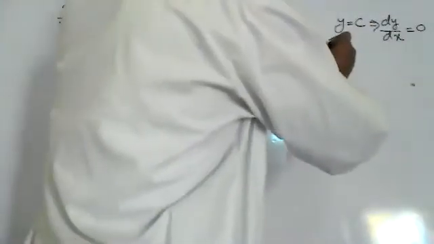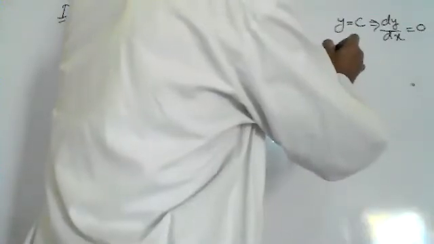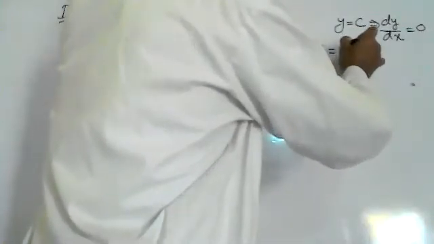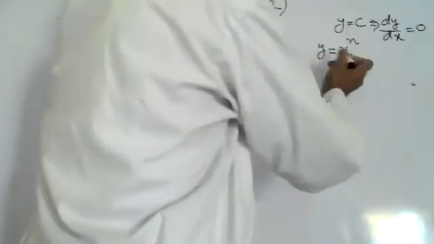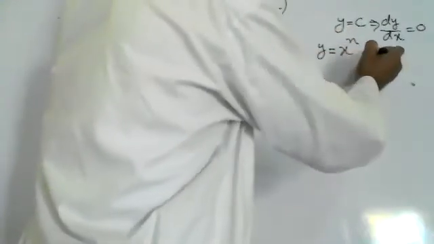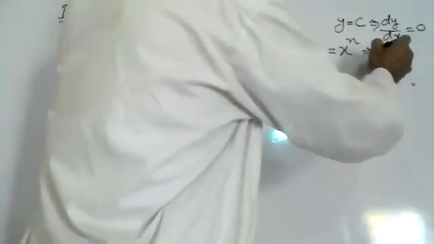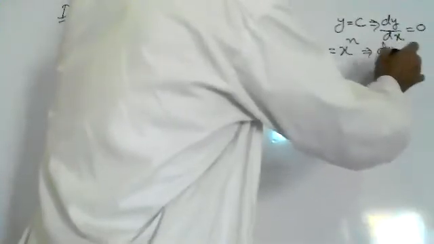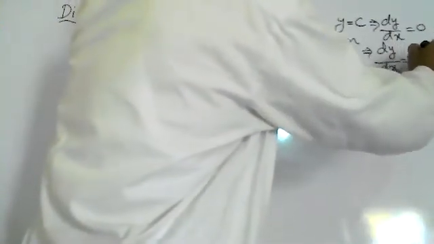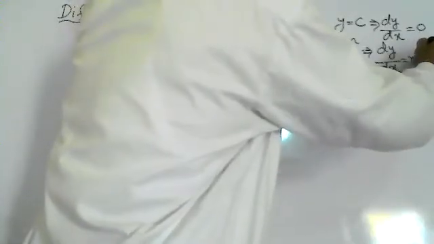If y is equal to x raised to power n, y is a function of x and it is x raised to power n, then the derivative dy upon dx will be equal to n x raised to power n minus 1.